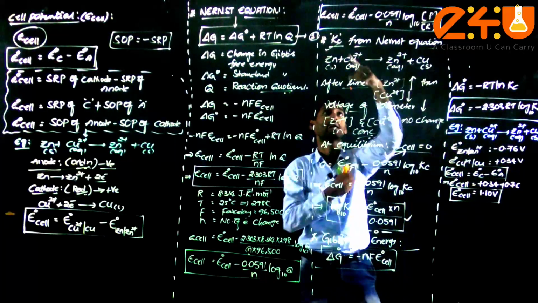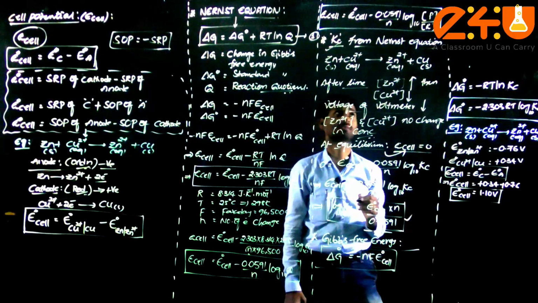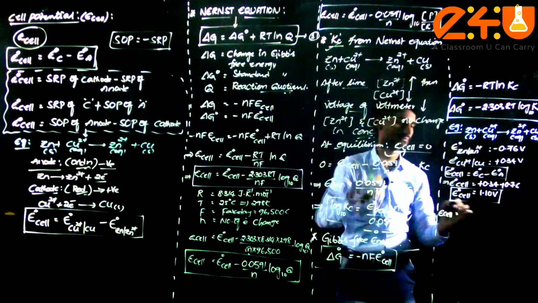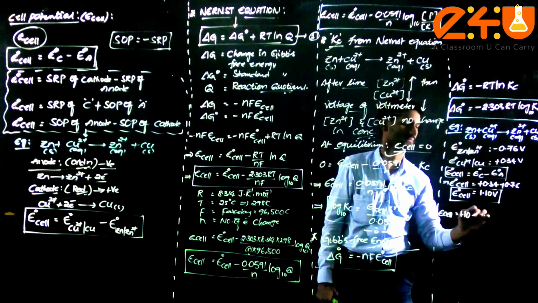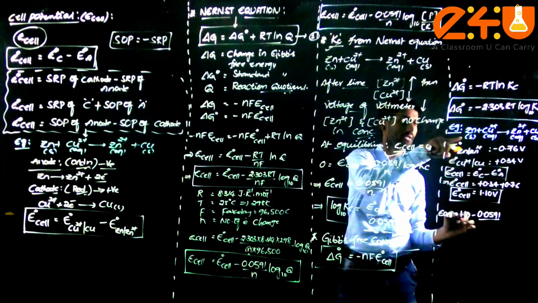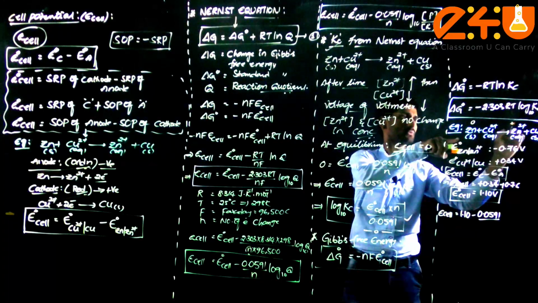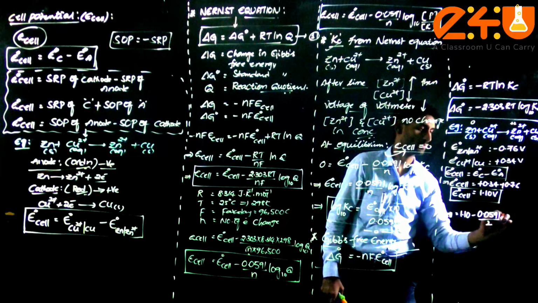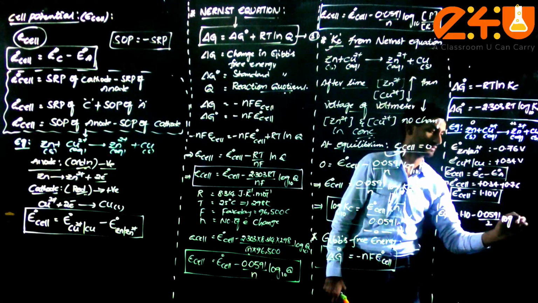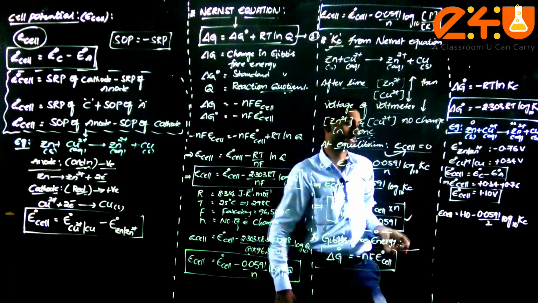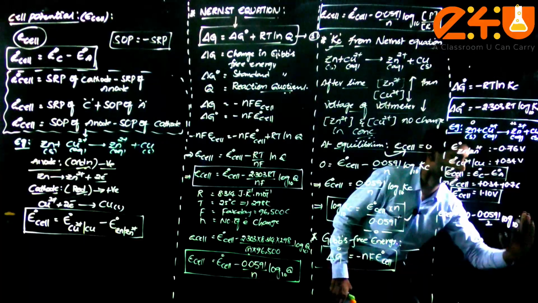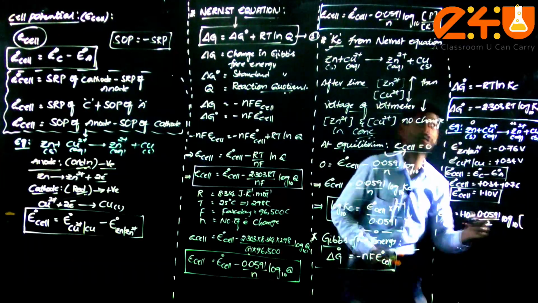Understood? Then if you want to write E cell, dear students, E cell is equal to the E° value, 1.10, minus 0.0591 divided by n, the number of electrons transferred, from 0 to plus 2, there are 2 electrons, so 2. Then the logarithm to the base 10 of Kc, or rather, what is the product?